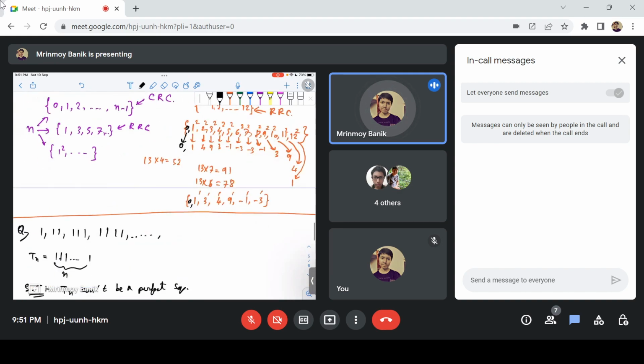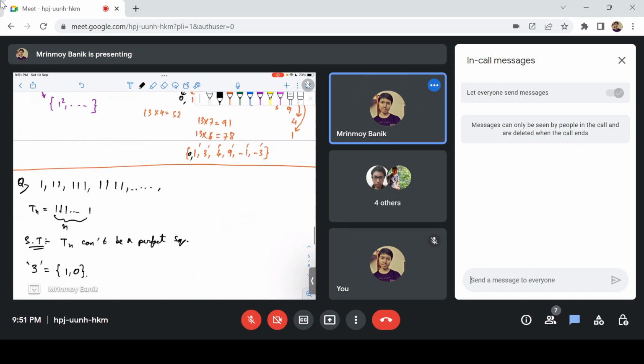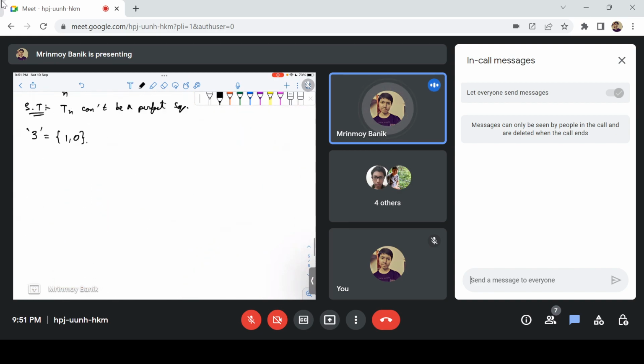Quadratic residues have nothing to do with the reduced residue class, since this is not even a class, right? So the quadratic residue set of 3 is 1 and 0.